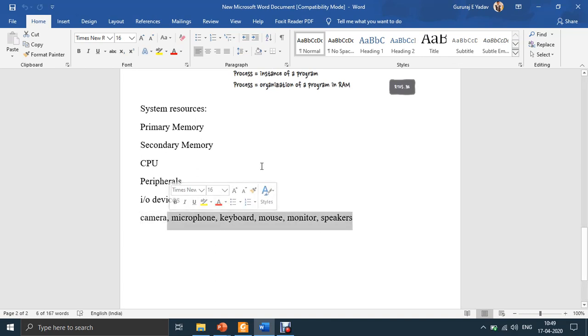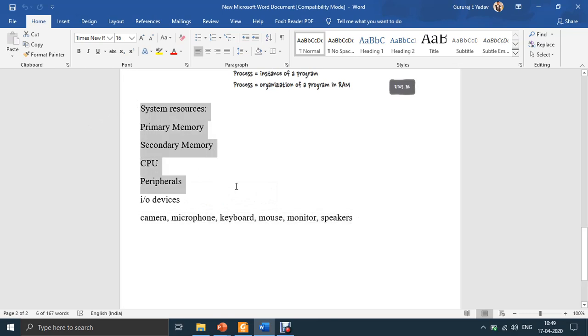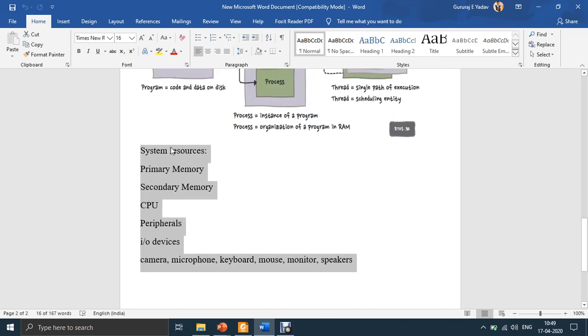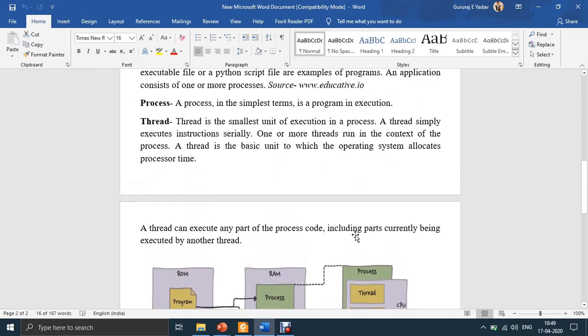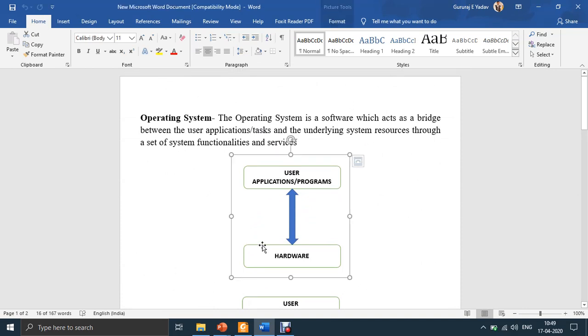So whenever I say hardware or a system resource, it is all the physical things you can see in an embedded system or a general purpose system. Whatever you can directly look at on your PC or laptop comes under the hardware, or system resources.